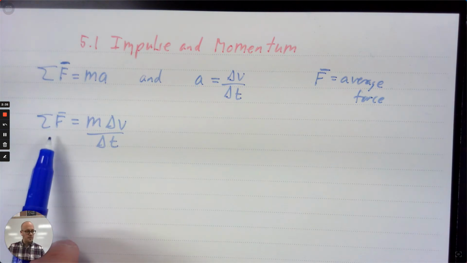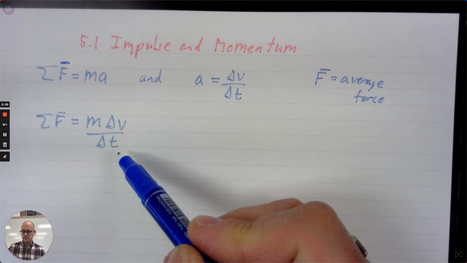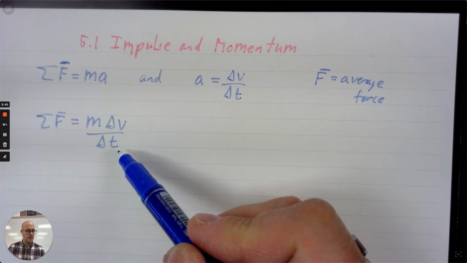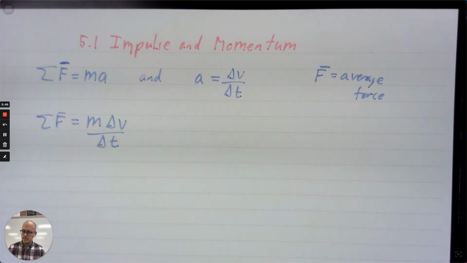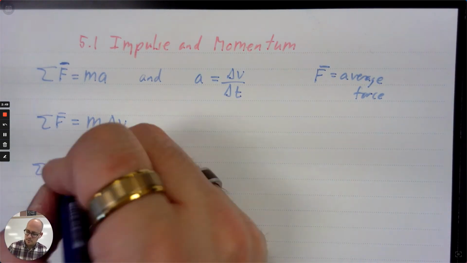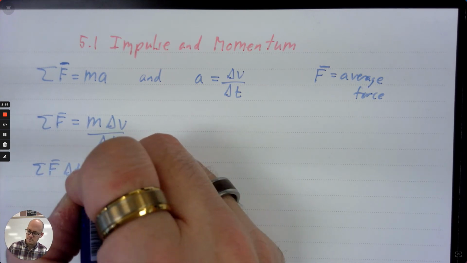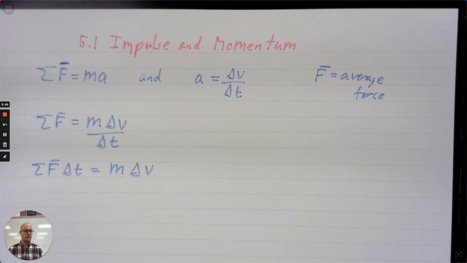The average net force equals the mass times the change in velocity divided by the amount of time that passes. If I multiply both sides by time, I get the average net force times time equals the mass times the change in velocity.